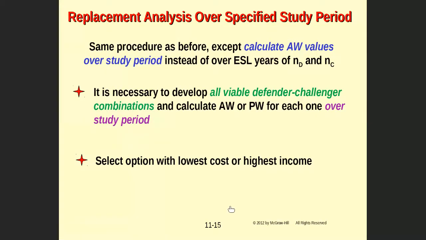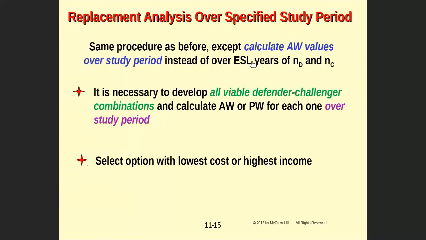The study period replacement study also depends on the annual worth analysis, but it doesn't consider the economic service life, even though the economic service life considers the annual worth analysis, but the formula is different.